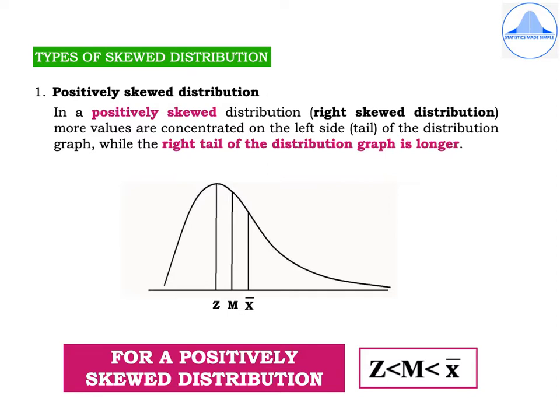So, for a positively skewed distribution, the right tail is longer than the left tail, and you will see that for a positively skewed distribution, as highlighted in the graph, z is less than m is less than x bar. That is, the mode is less than the median, which is less than the mean.